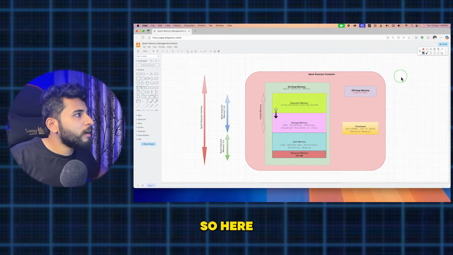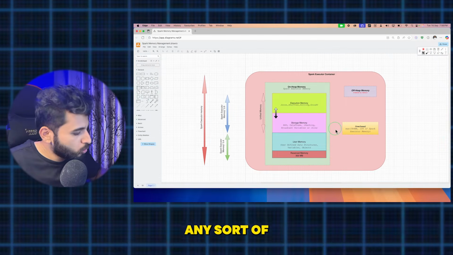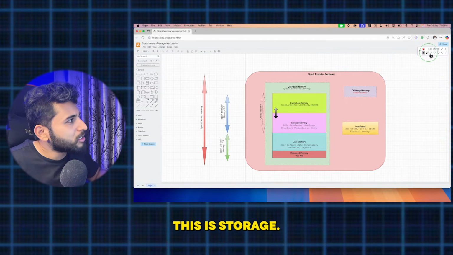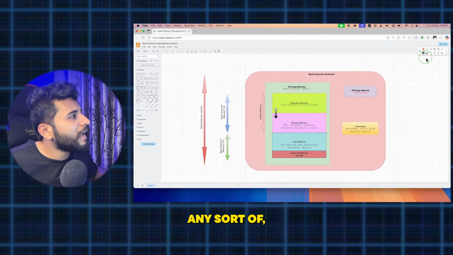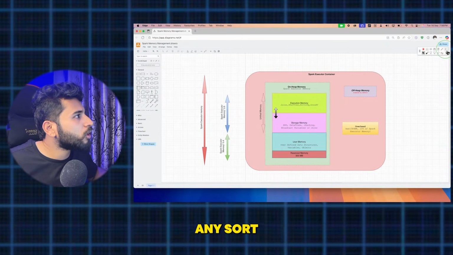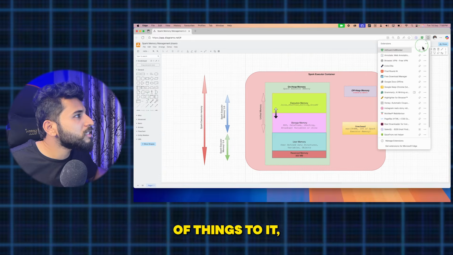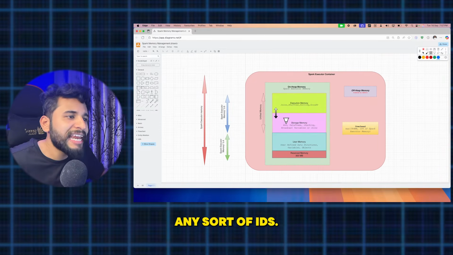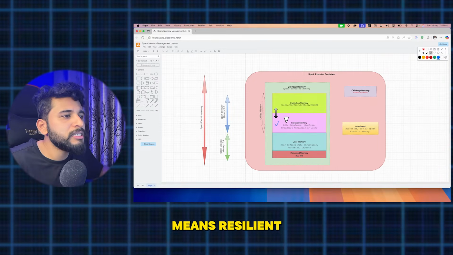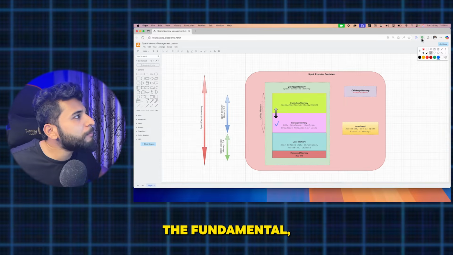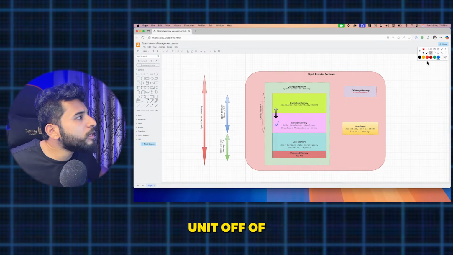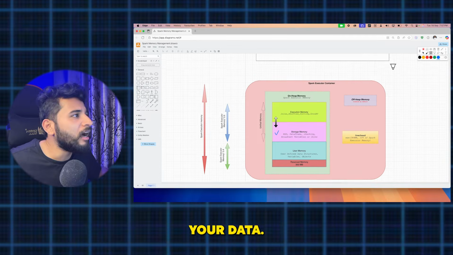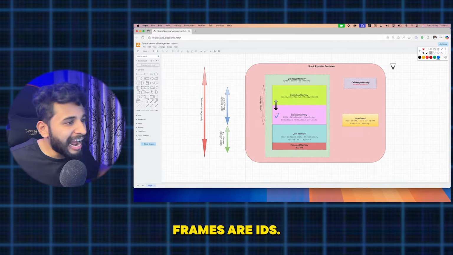Okay, so here whenever we talk about any sort of storage, whenever you define any sort of RDDs, meaning resilient data set, it is the fundamental unit of your data, like data frames are RDDs.